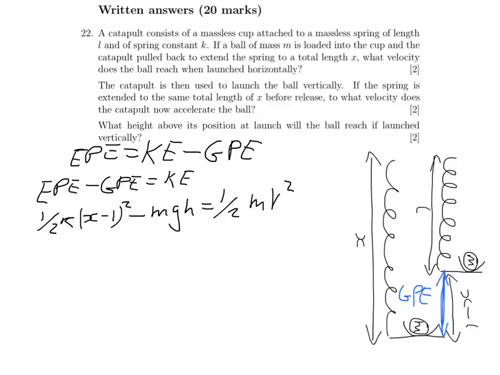First step, we're trying to find the vertical velocity, so we divide both sides by a half and divide both sides by m. That gives us k over m times (x minus L) squared minus 2gh, and that's equal to the velocity squared.